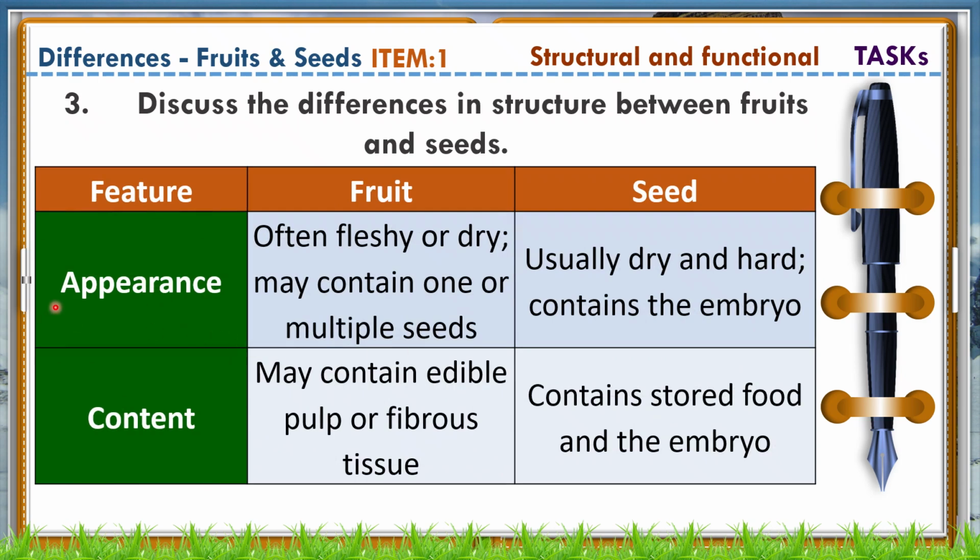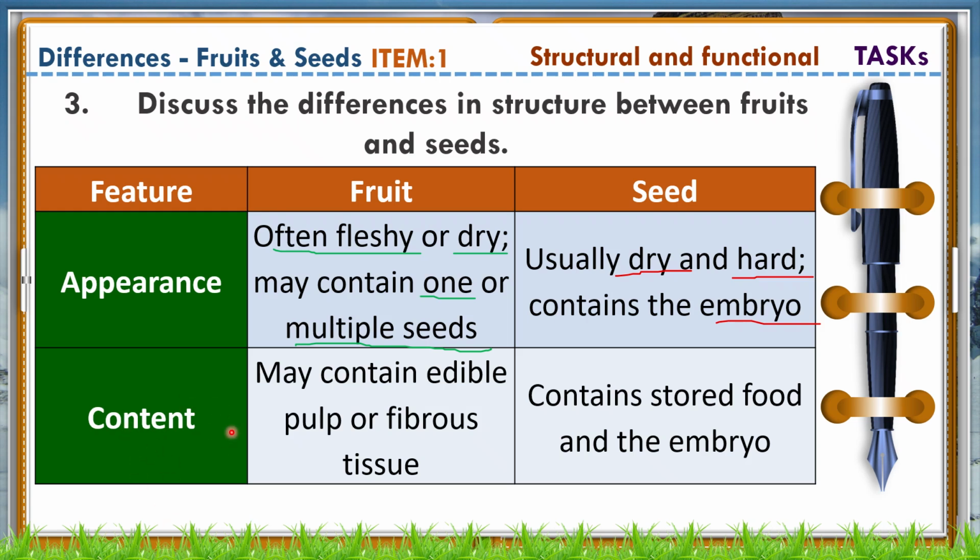Then we have the appearance. How do they look? A fruit is often fresh. It can also be dry. And it may contain one or multiple seeds. Whereas the seeds are usually dry and hard, and they contain the embryo.